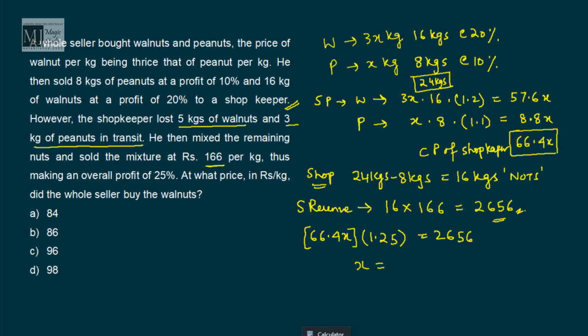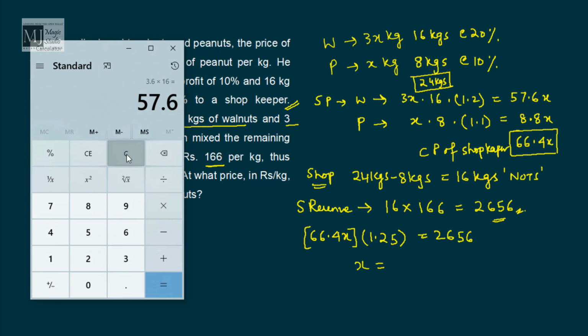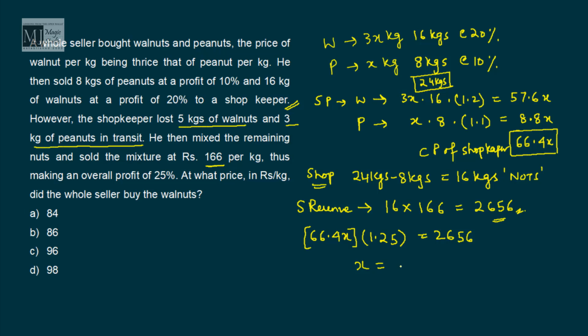Let's use the calculator. 2656 divided by 1.25 is the overall cost price. Now if I divide this by 66.4, we have x equals 32. Now the question: at what price in rupees per kg did the wholesaler buy the walnuts?